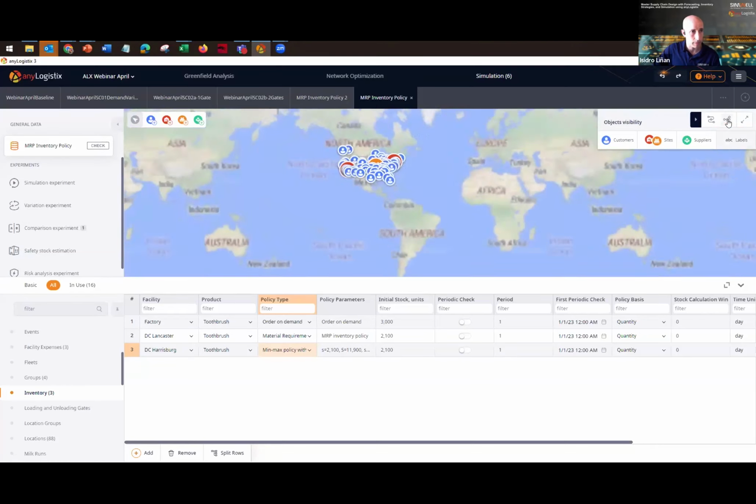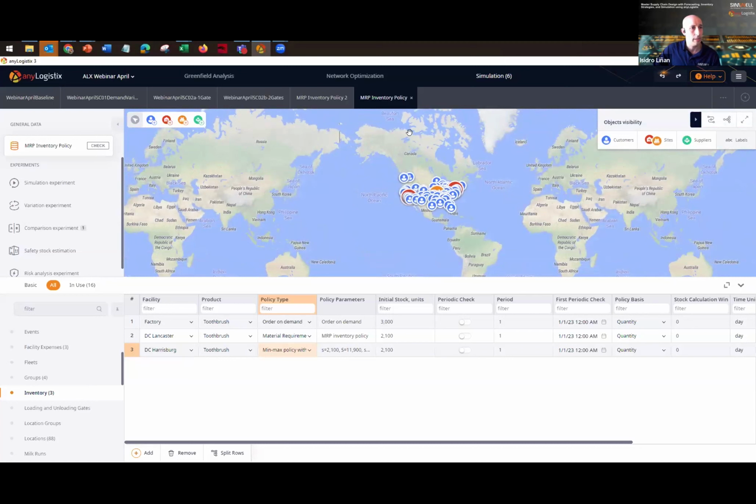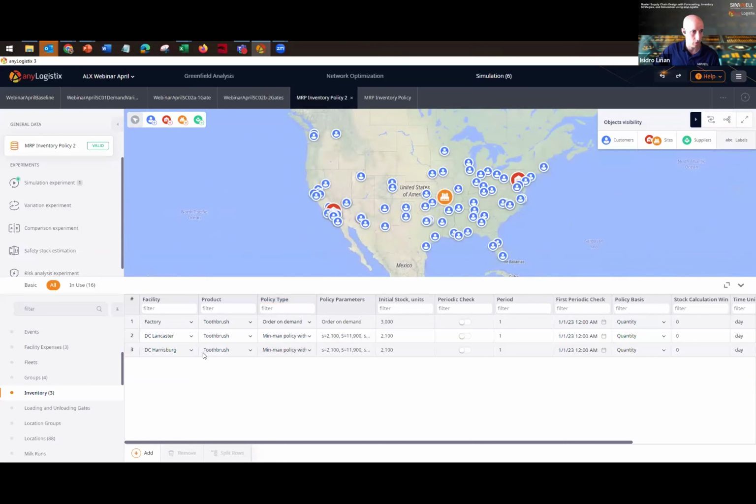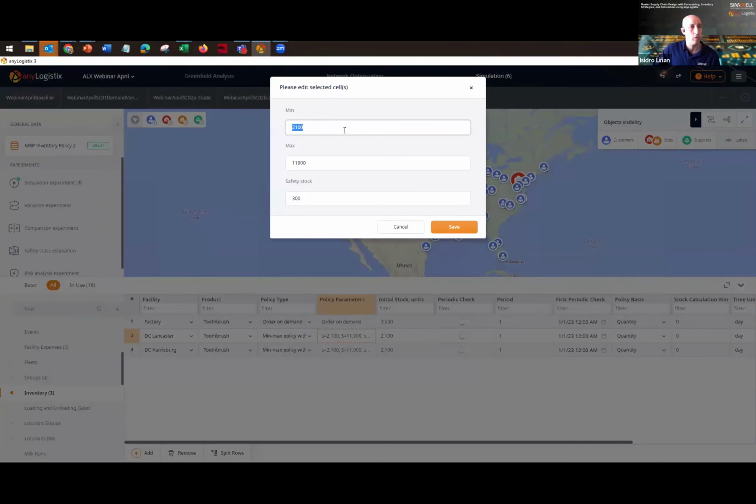What we're doing here is comparing the result of using an MRP inventory policy versus not using it. In this model, both of these distribution centers use just a min-max policy, in which we only set up the minimum inventory, the maximum order, and the safety stock.